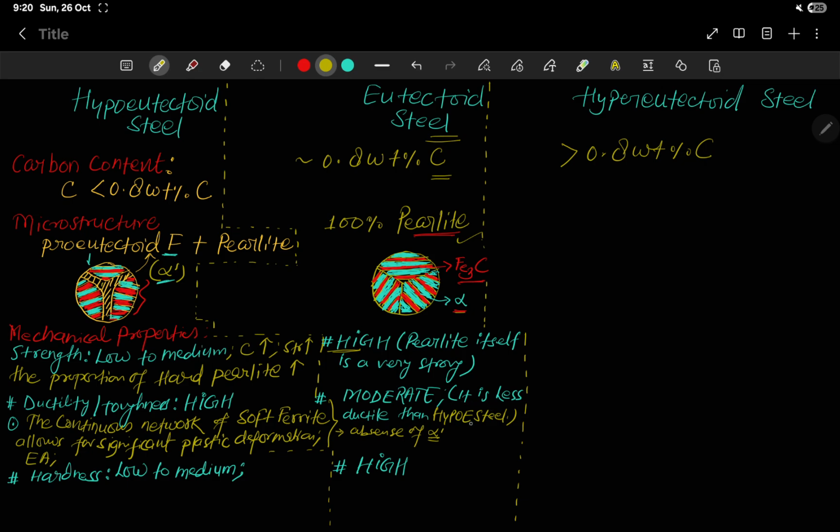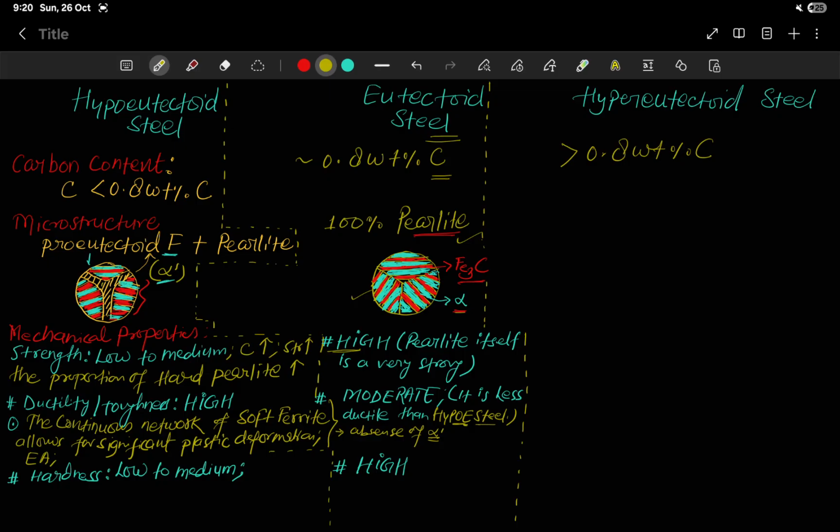It is less ductile than hypoeutectoid steel, because here we get an absence of proeutectoid ferrite, which is very soft and ductile. So it is moderately ductile, less ductile than hypoeutectoid steel, and its hardness is high.